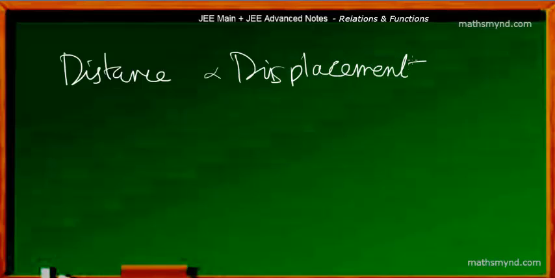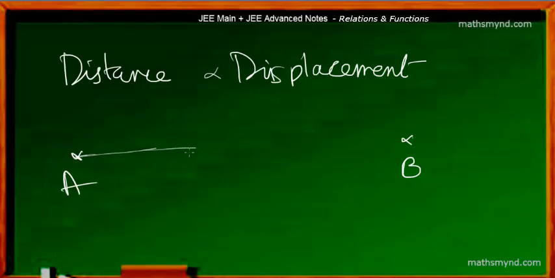Now, displacement: suppose there are two points A and B. Displacement is naturally the shortest distance between A and B, or you could call it how far away a particle has moved from an initial point. So if a particle is moving from point A to point B, then naturally in most cases it ought to be the shortest distance.